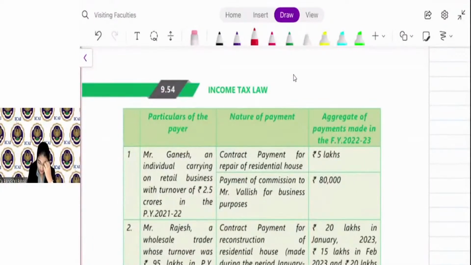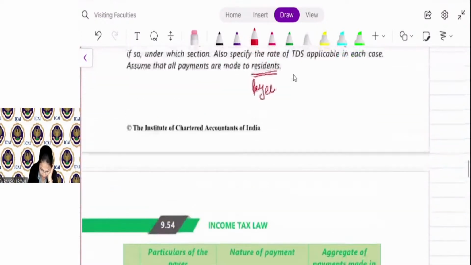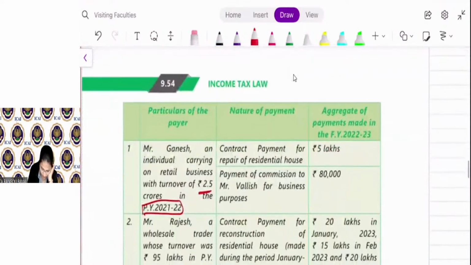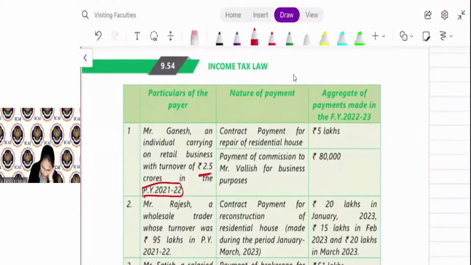Let's go, first case. Mr. Ganesh, an individual, is an online platform carrying on retail business with turnover of 2.5 crore in previous year 21-22. The nature of payment is contract payment for repair of residential house.